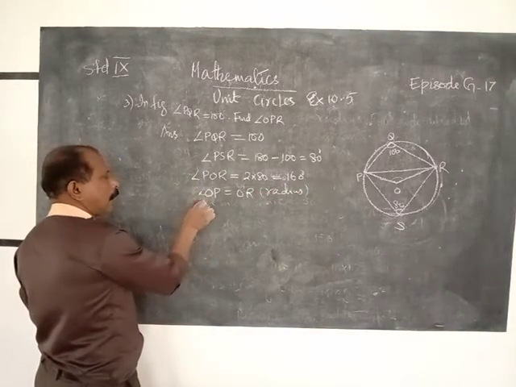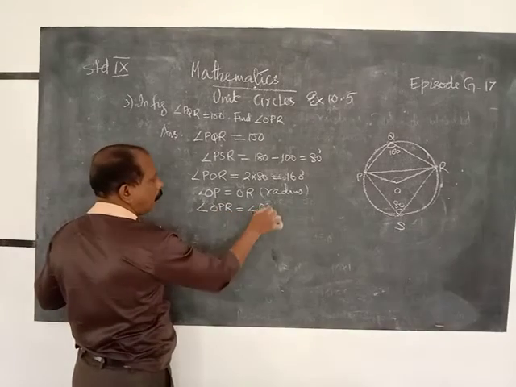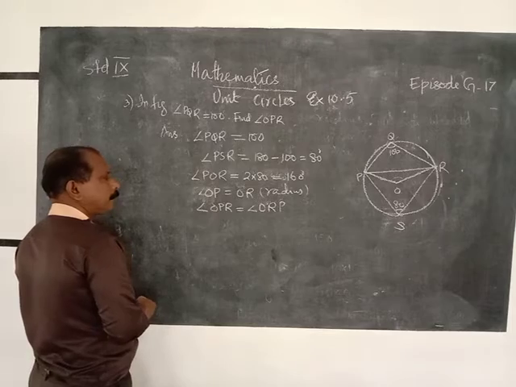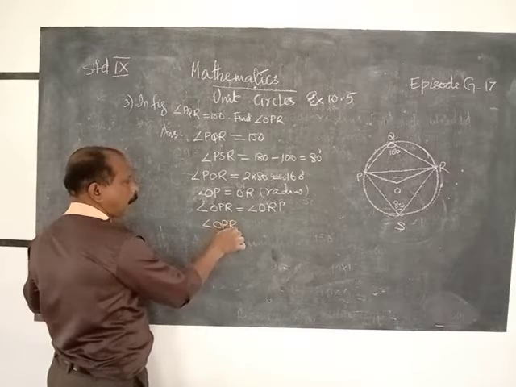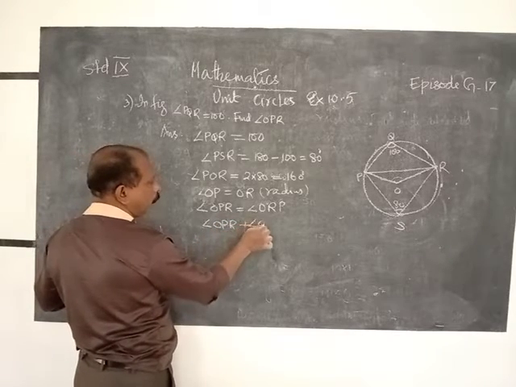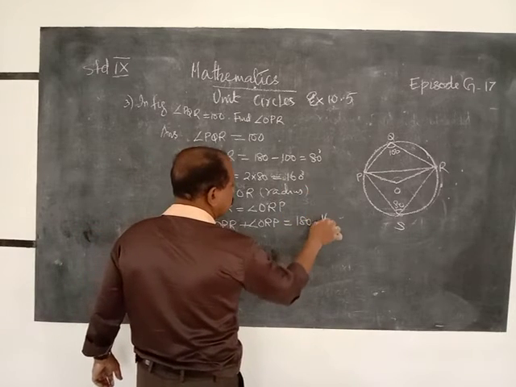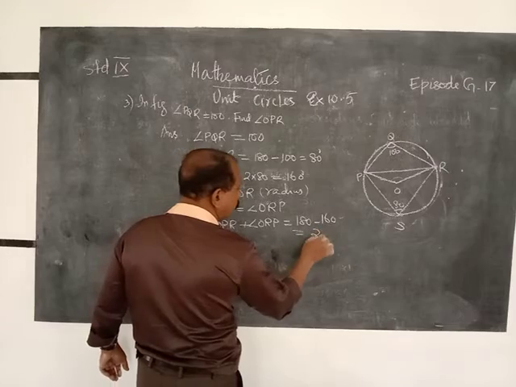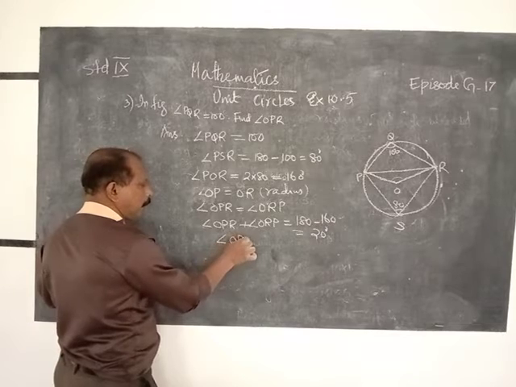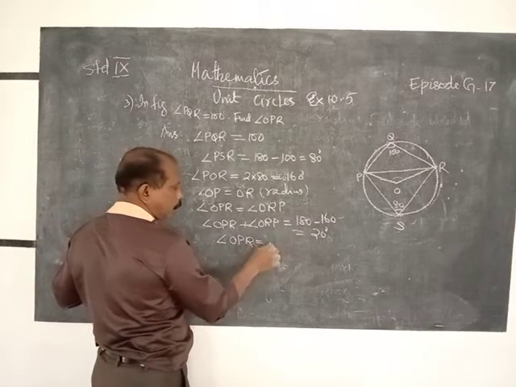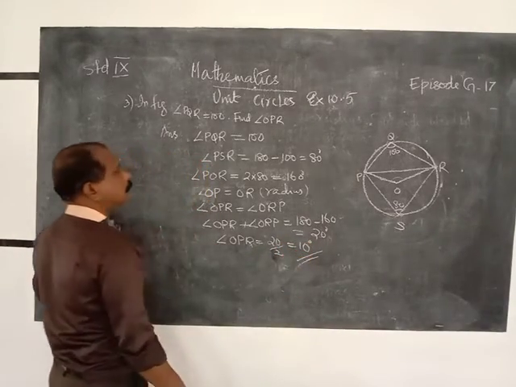Therefore, base angles are equal. Angle OPR is equal to angle ORP. Therefore, angle OPR plus angle ORP is equal to 180 minus 160, which is 20 degrees. Therefore, angle OPR is half of that, 10 degrees. That is the answer.